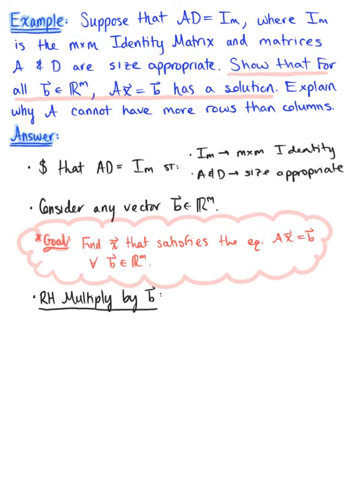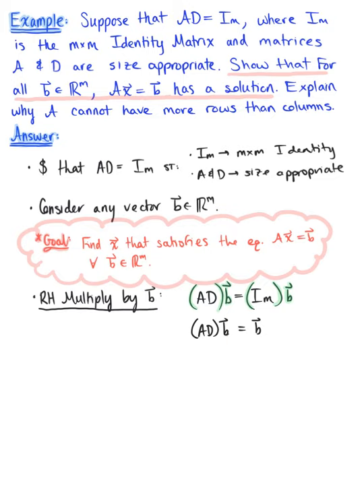So our hypothesis, that the product matrix A times matrix D is equivalent to the M by M identity matrix, we're going to take this and right-hand multiply by vector B. So what can we see occurring here? Well, we know that a vector times the identity matrix is certainly equal to that vector. So we'll leave the right-hand side as it is for now.